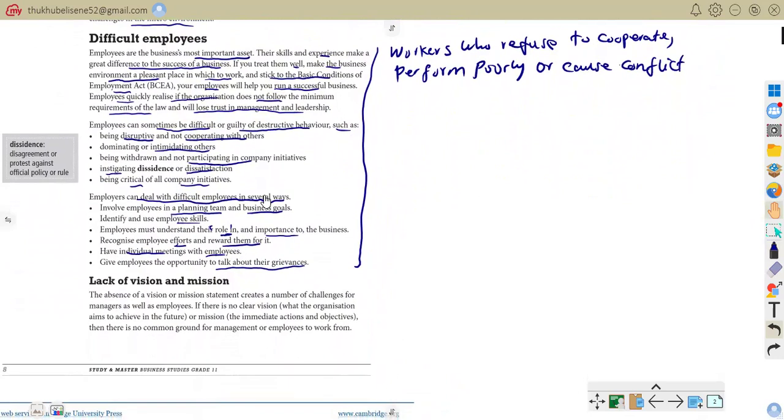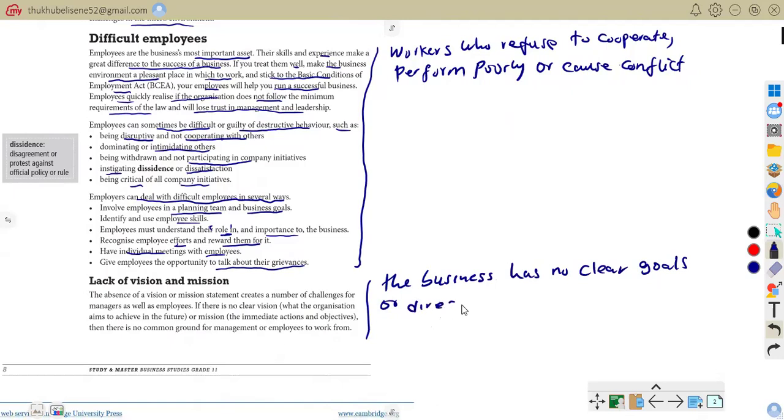With lack of vision and mission, we are saying the business has no clear goals or direction.